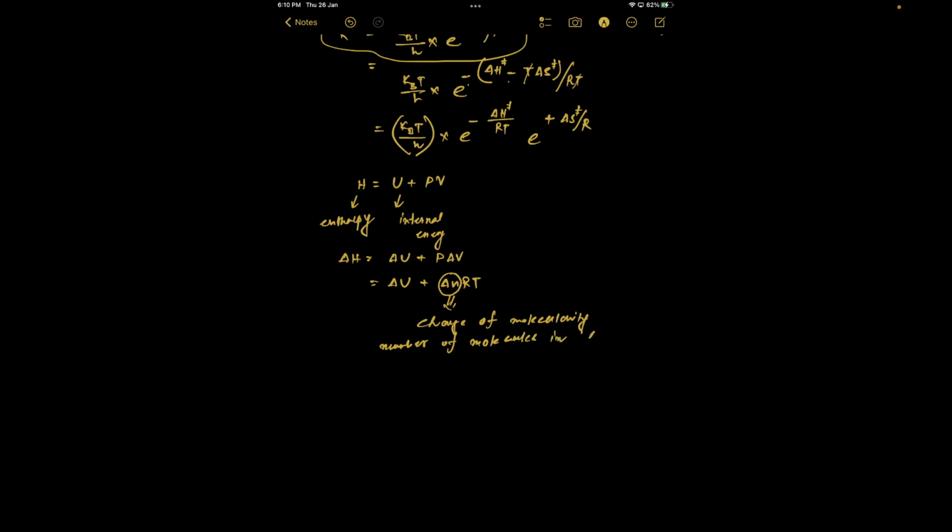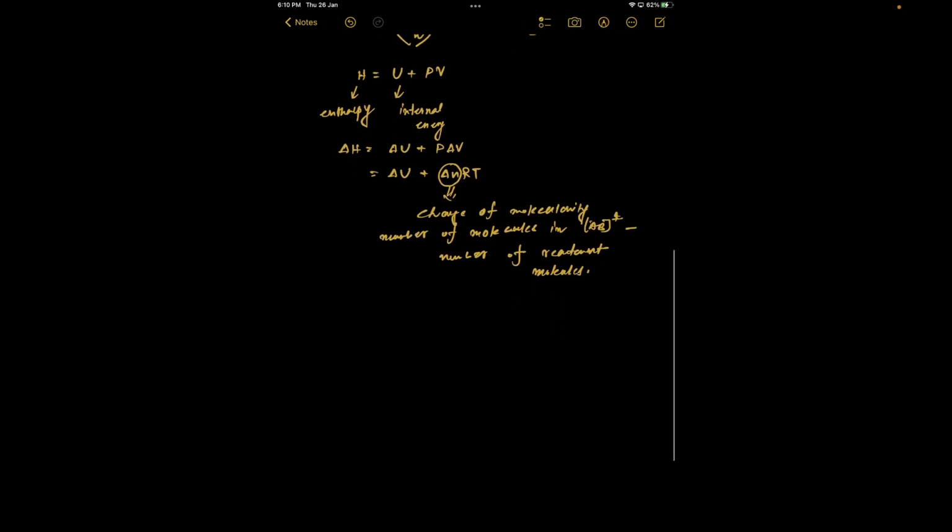So we know that delta H double dagger can be written as delta U double dagger plus delta N double dagger RT, right?